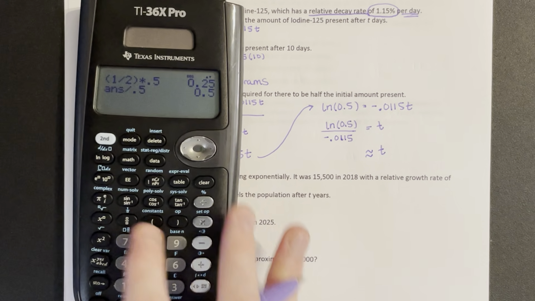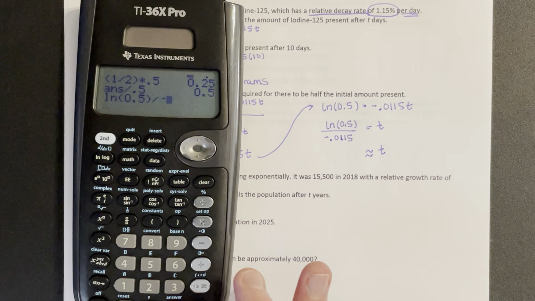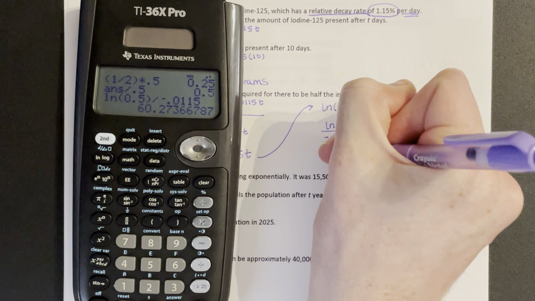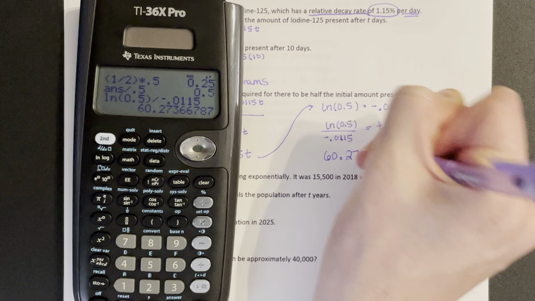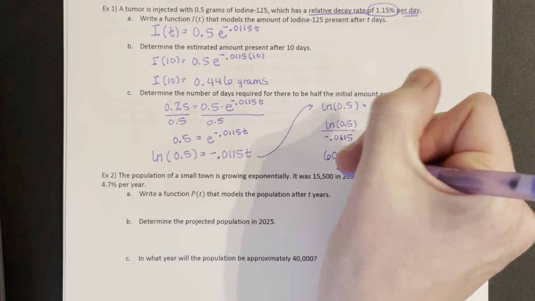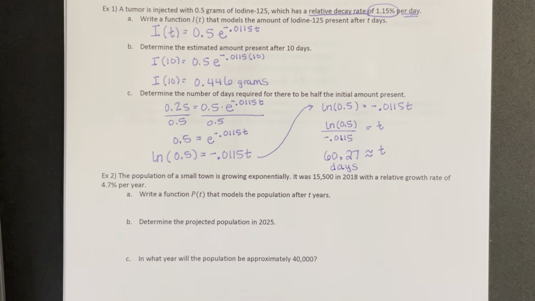Let's put that in our calculator. So natural log of 0.5 divided by negative 0.0115 is roughly 60.27. And when we think about what that represents, t was the number of days, so 60 days to be half the initial amount.